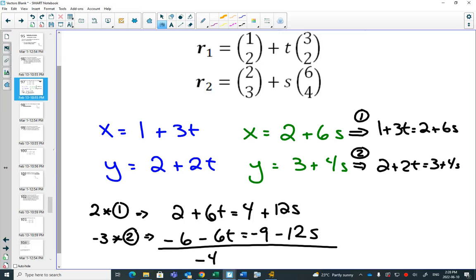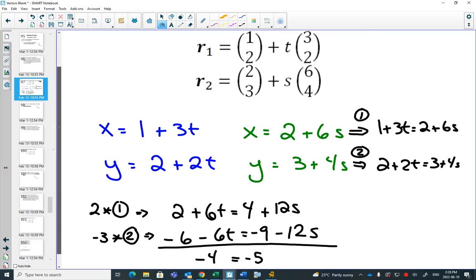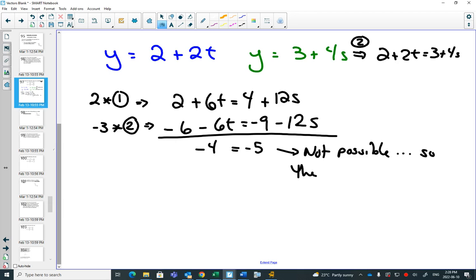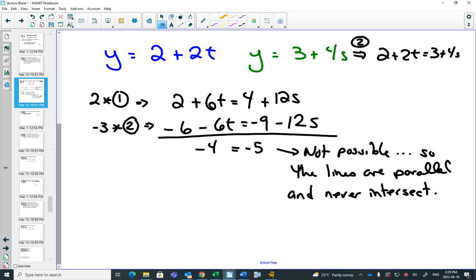And on the other side, when I add them, I get negative 5. This is not possible. So those 2 lines are parallel and would never intersect.